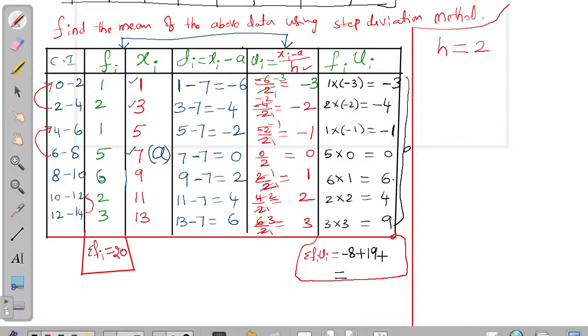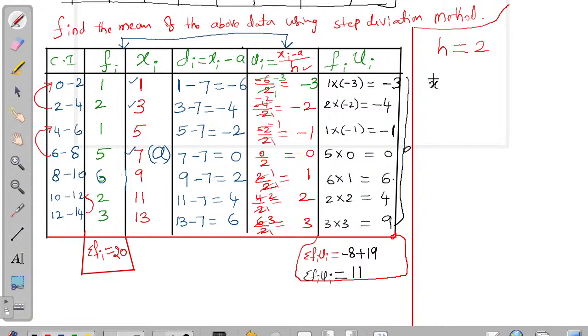Here you have to subtract. So what will you get? This symbol is also most important, because sometimes you will get a negative value also. So the value of this is 11, plus 11 sigma value, because the symbol is very important.